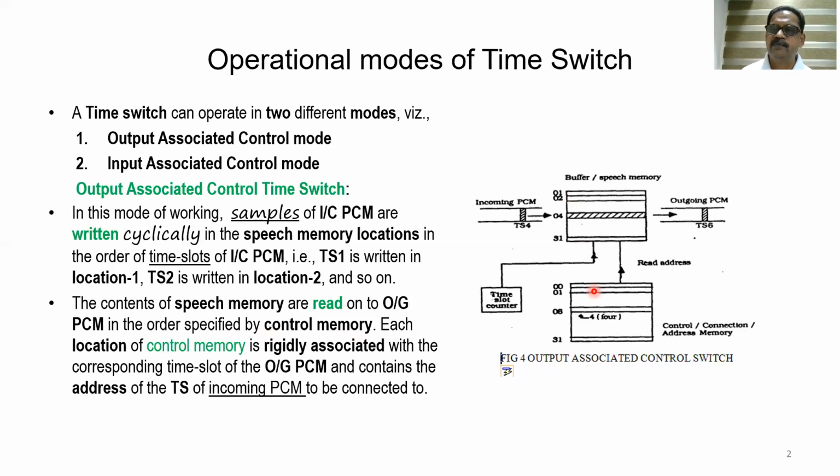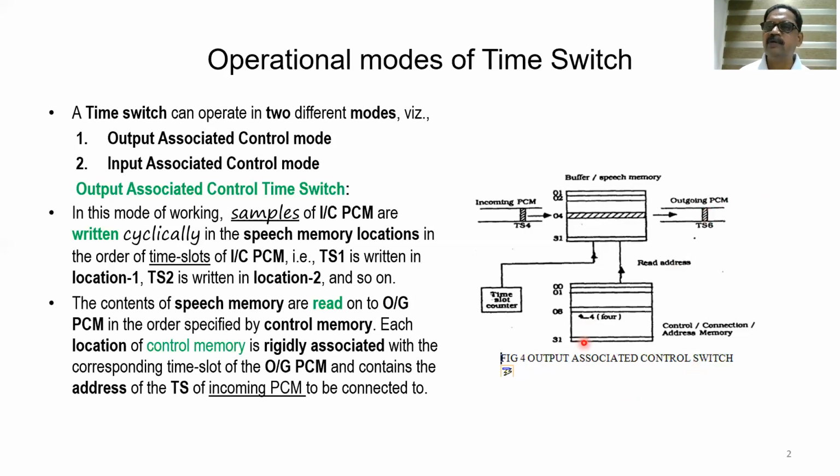At that time, the information is read out to the outgoing PCM as per the directions of the control memory location. In our example, the information of TS4 in the incoming PCM is to be transferred to time slot 6 of the outgoing PCM.